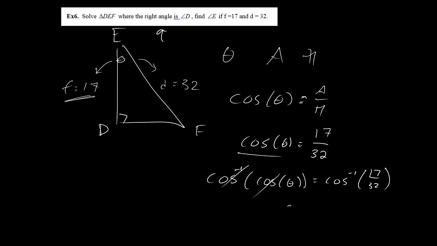Cosine inverse and cosine cancel out, so theta is equal to cosine inverse of 17 divided by 32, and plugging that into our calculator gives us 57.9 degrees. Make sure you have your little degree sign there, because that's what it is.